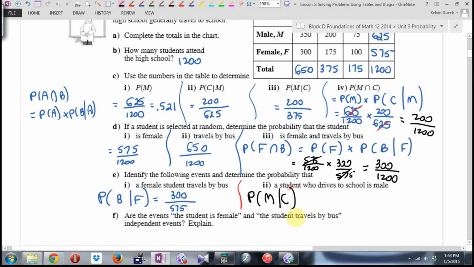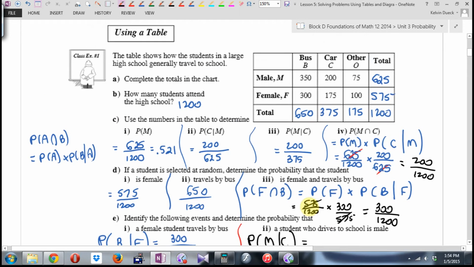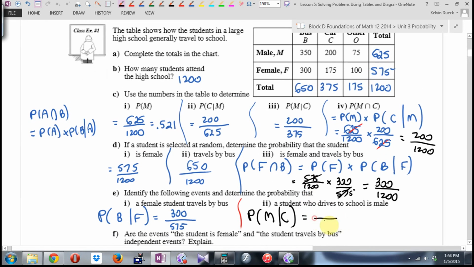C. They drive a car. Okay. What is the probability, if we know that you drive a car, which means we're going to be out of what? How many kids drive a car? 375. What's the probability that you're a male? 200.